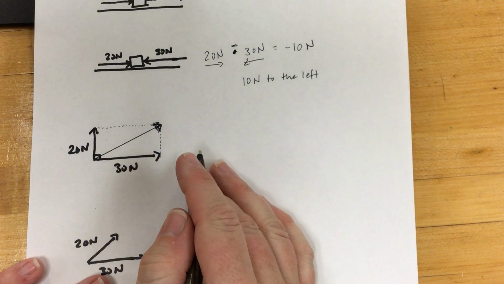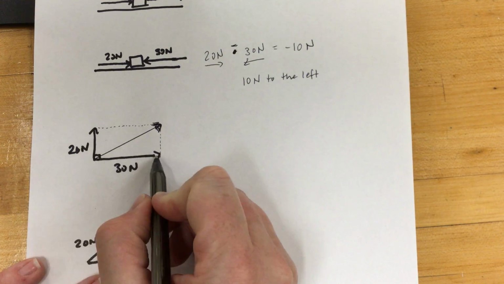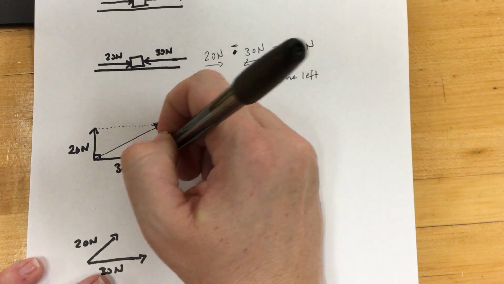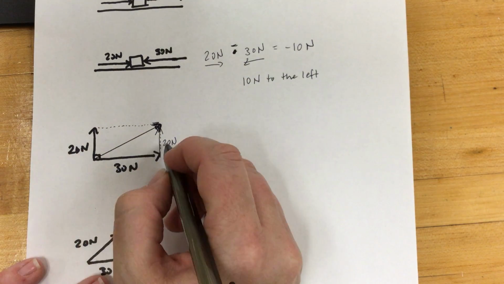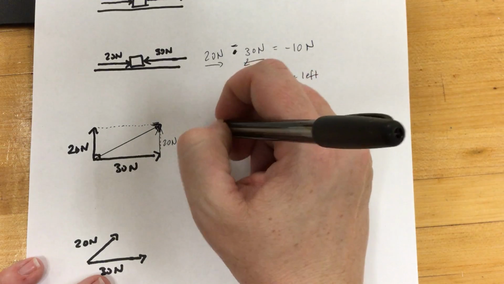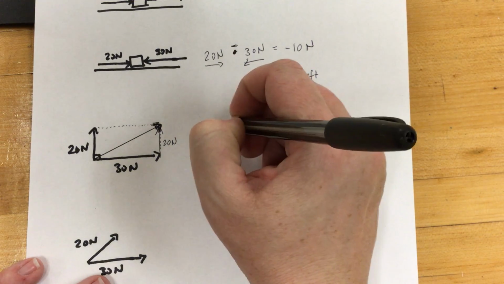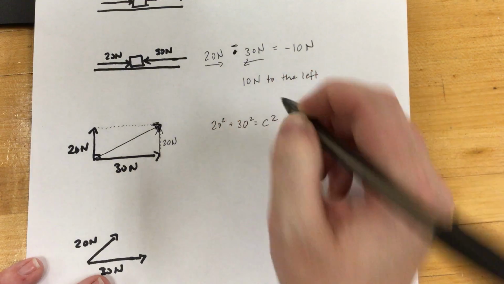Now, with a rectangle, you know the force going up, you know the force going over. Right now they're drawn like this, but I could put this over here instead, and then I have A and B, and if I'm looking for C, I can use the Pythagorean theorem. So I could say 20 squared plus 30 squared equals C squared.